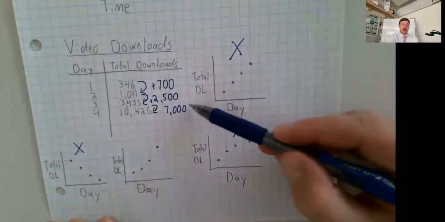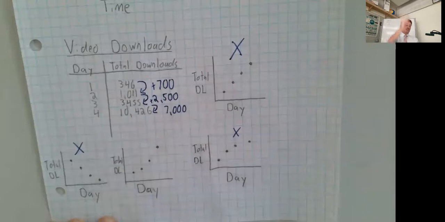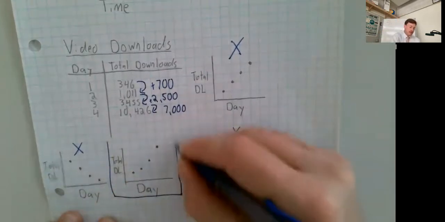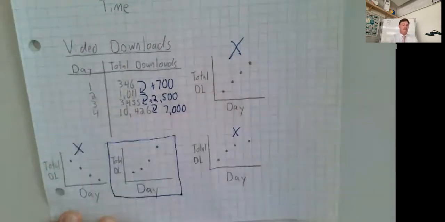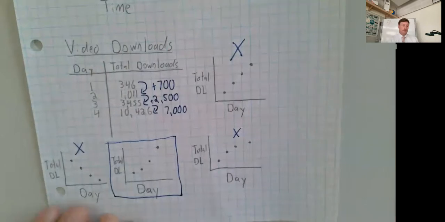And that certainly matches up with what's happening here. We call this exponential growth, where the rate of change is getting steeper and steeper. The slope is getting steeper and steeper. So I know that this graph matches the data that we have in the table there.